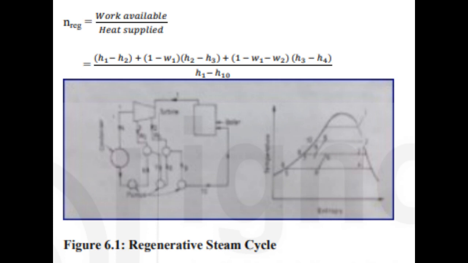While locating the bleed points, they should be arranged in such a way that the enthalpy rise in each heater equals the enthalpy difference of saturated water in the condenser and in the boiler divided by the number of heaters plus 1. Table 6.1 shows the effect of the addition of feed water heaters on heat gain.